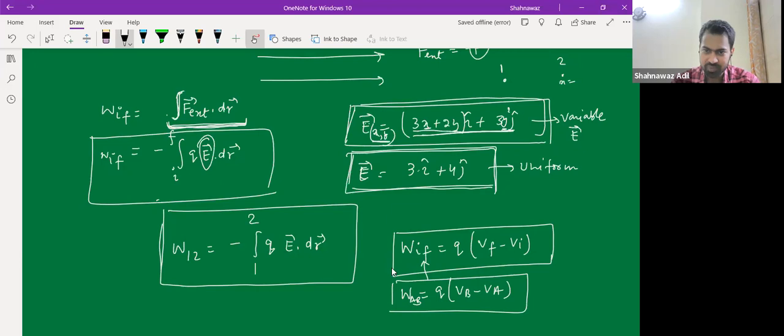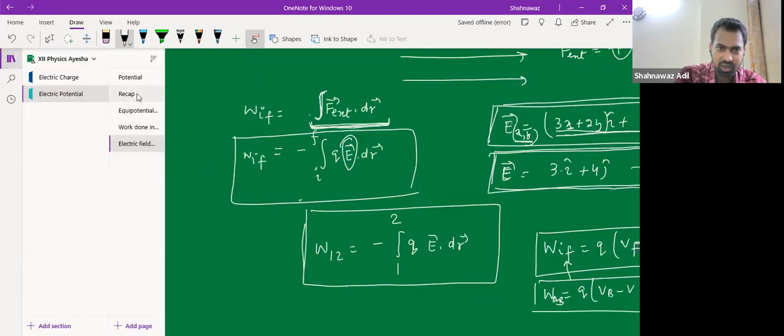If we are bringing some charge from this point A to point B, the work done would be simply Q times (VB minus VA), whatever the potential is at these points. This we learned in the first part, right?